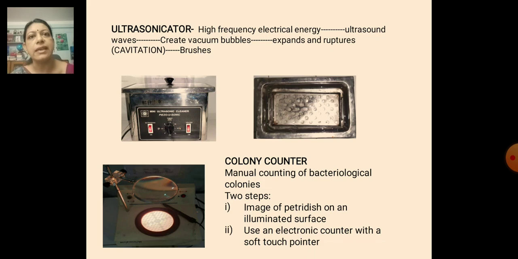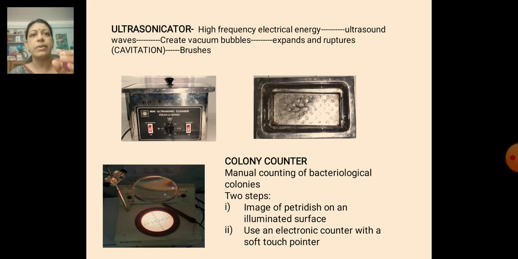The ultrasonicator has various functions, but in a microbiology laboratory it is used to clean small bottles like the McCartney bottle, the Bijou bottle, and the Durham's tube. Sometimes a small deposit remains even after thorough cleaning, or we may not pick out the matter that has got attached to the surface.